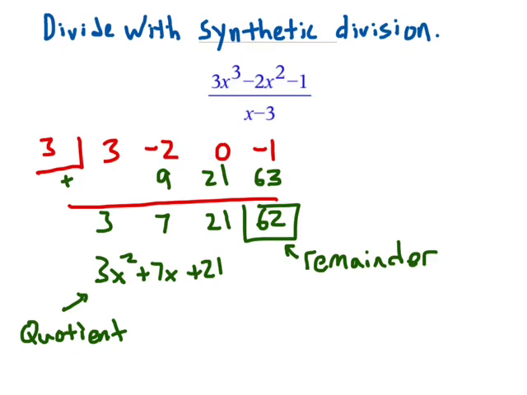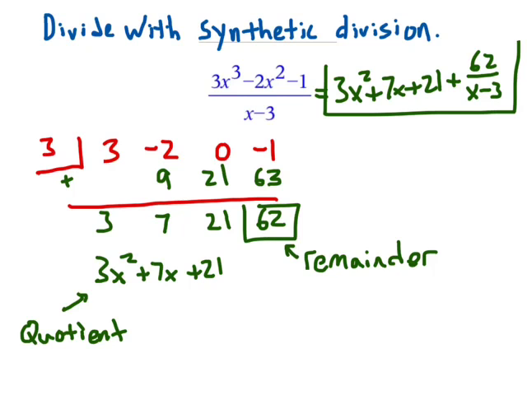And so what this tells us is that our division is 3x squared plus 7x plus 21 plus, again, the remainder, 62 over x minus 3. And we get the same answer, of course.